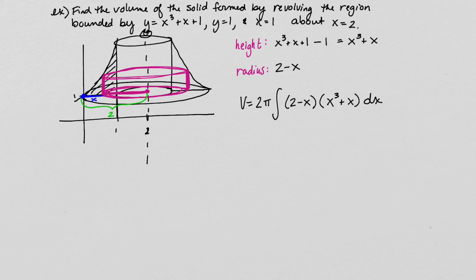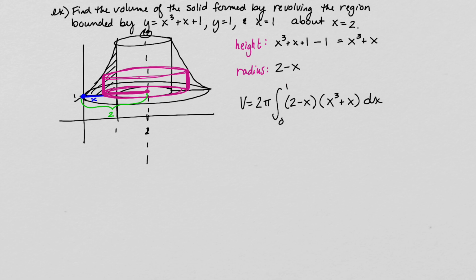The limits of integration are always going to come from the original figure. Where does x go from in this original shaded figure? It goes from 0 up to 1. So we're integrating from 0 to 1.